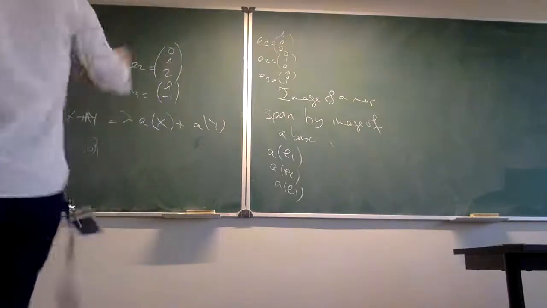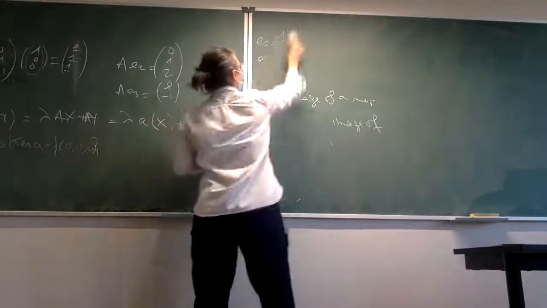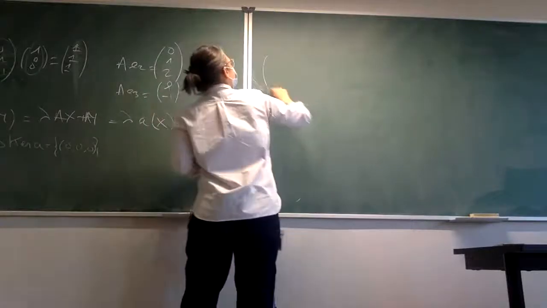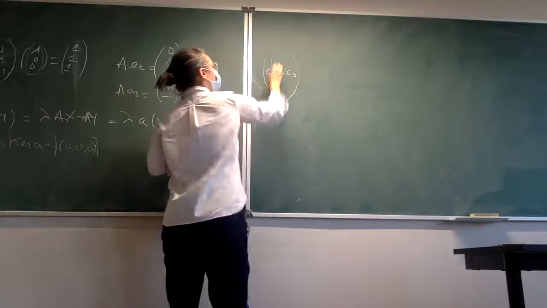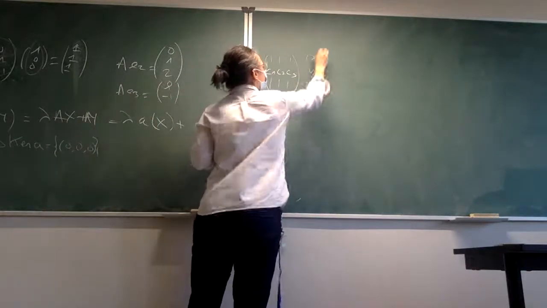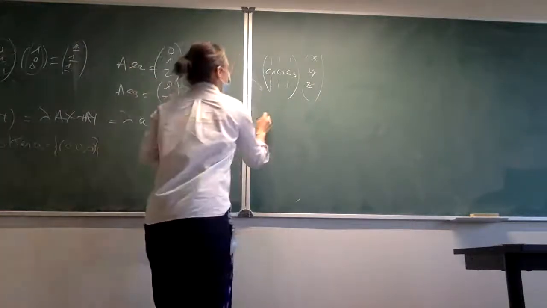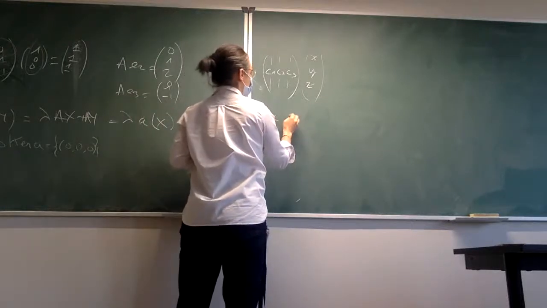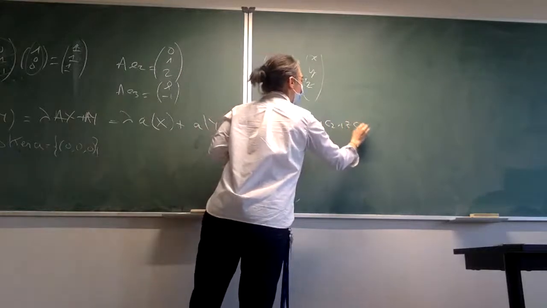But let's just go again on that. When you're doing this matrix, let's say it has column 1, column 2, column 3, times x, y, z. What you know is that this result, you can write it as x times column 1 plus y times column 2 plus z times column 3.